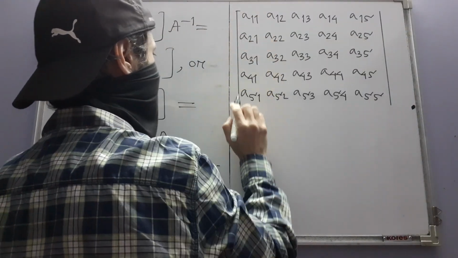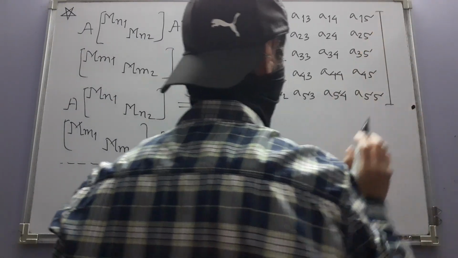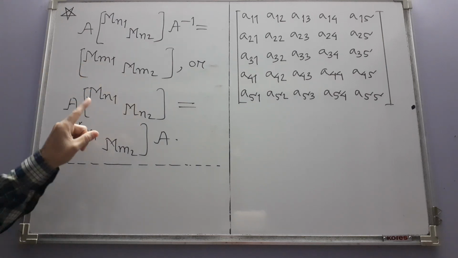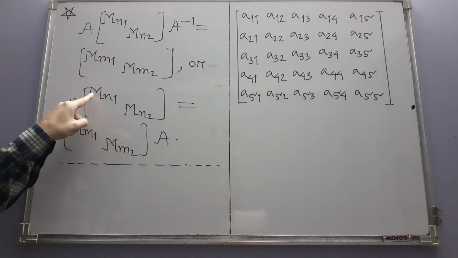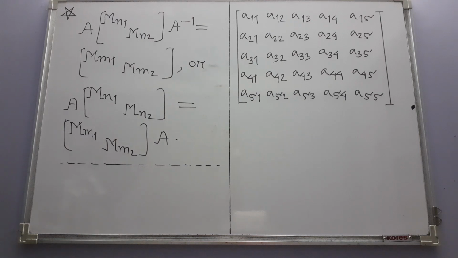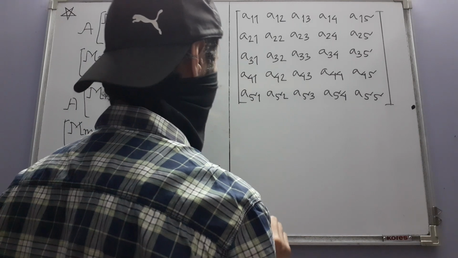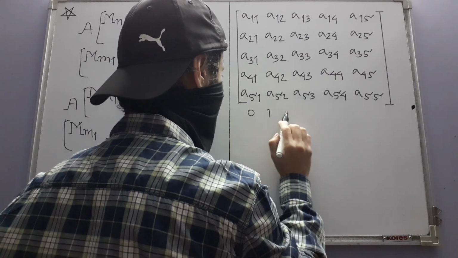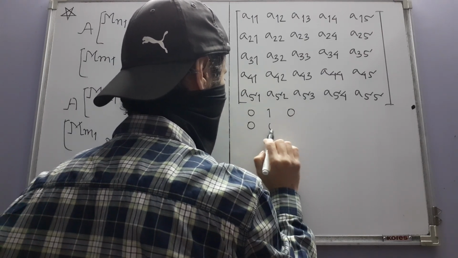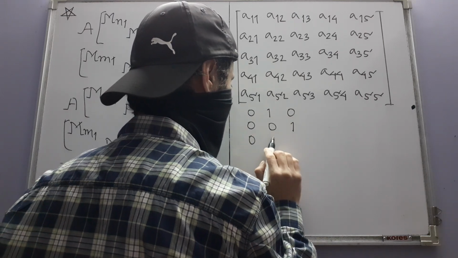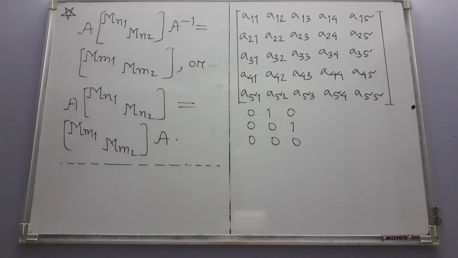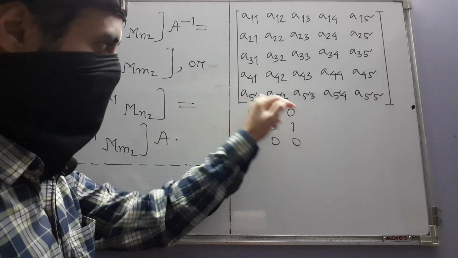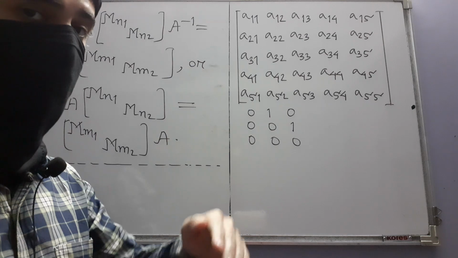This times the matrix with blocks M_n1 and M_n2, that means in our case M3 and M2. Let's first see what M3 is. M3 is this: 0 1 0, 0 0 1, 0 0 0. Remember, we should have 0 everywhere except the super diagonal.